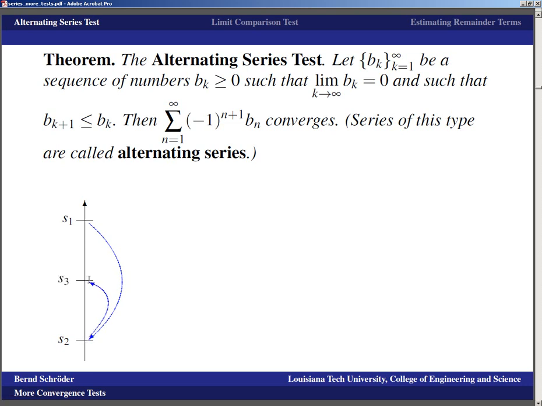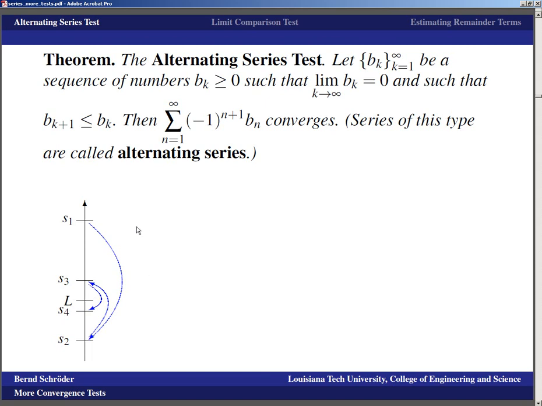The fourth partial sum goes down again, because now you've got b1 minus b2 plus b3 minus b4. And that just keeps on hopping like that, and because the b_k's go to 0, the oscillations get smaller and smaller, so it stands to reason that this ultimately stabilizes at some limit.